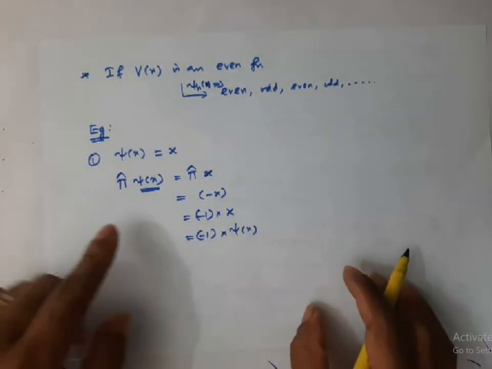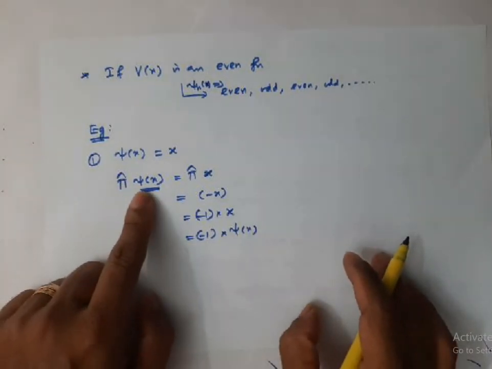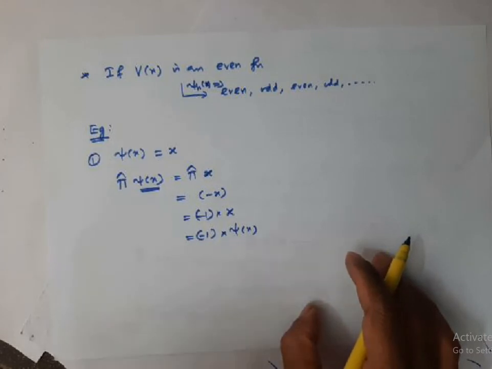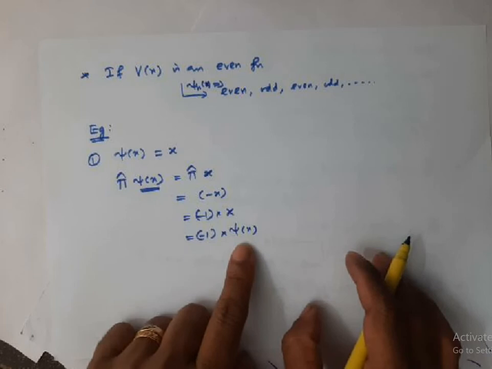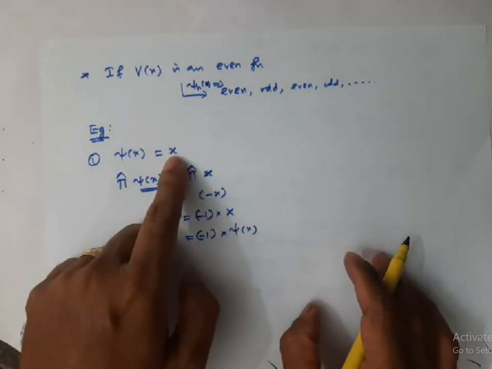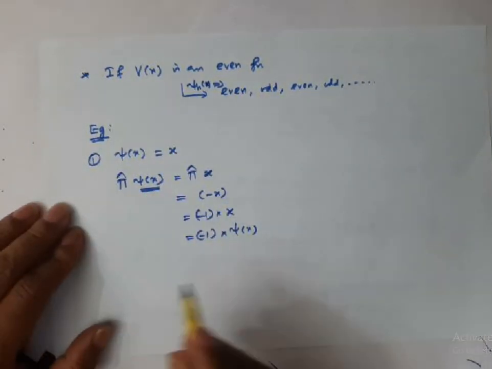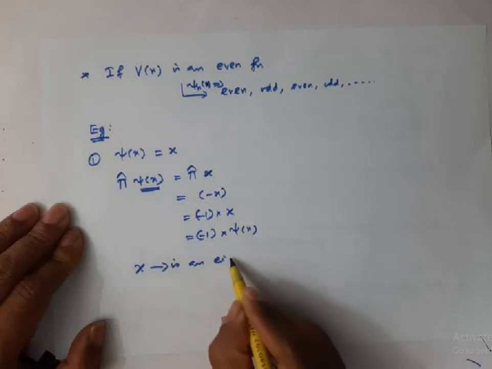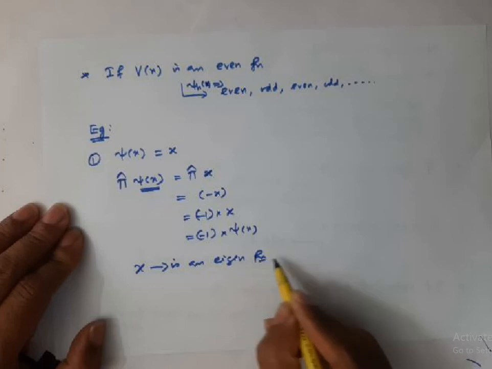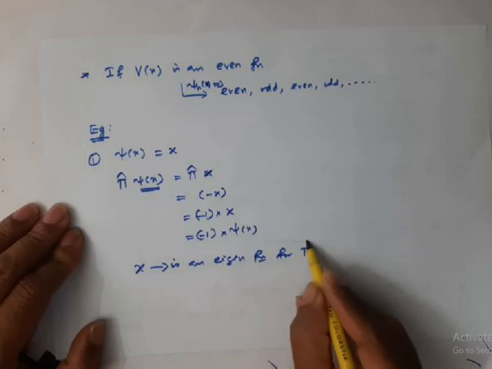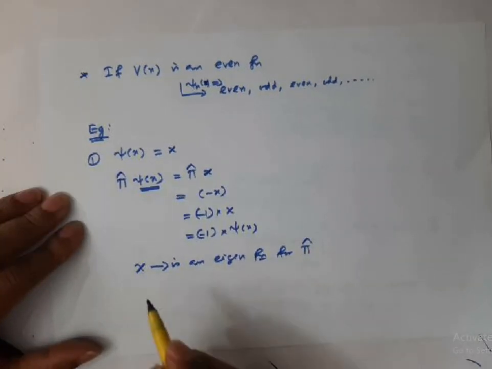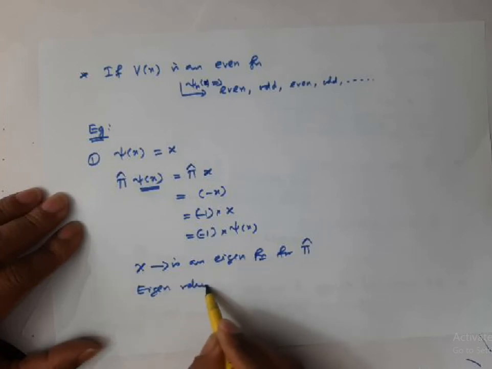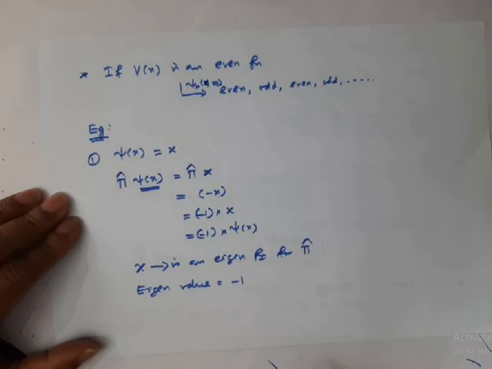I applied the parity operator on the function and got the same function multiplied by a constant. So x is an eigenfunction for the parity operator, and the eigenvalue is minus 1.